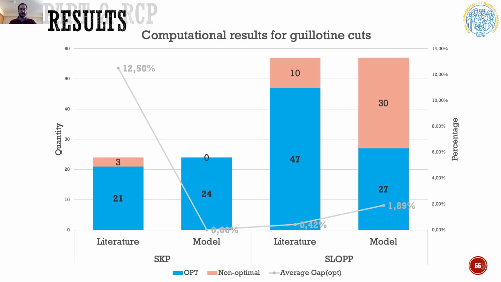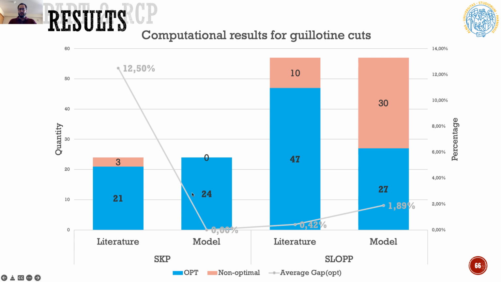Furthermore, we analyzed the model's performance in comparison to the state-of-the-art formulations in the literature. When it comes to SKP, the model proposed for guillotine cuts outperformed the literature approaches, solving 24 instances optimally here instead of 21.